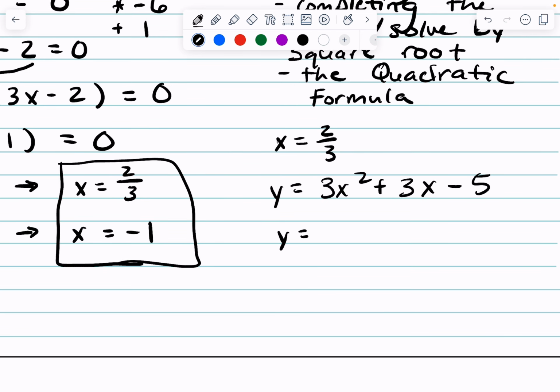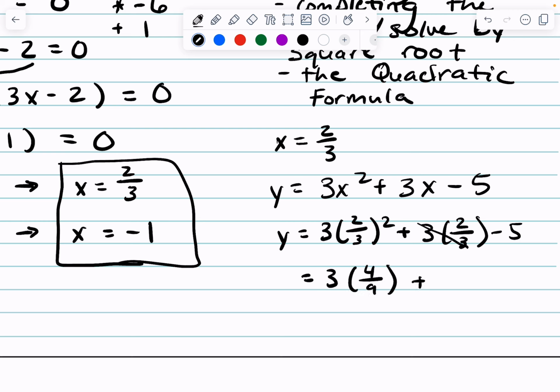If I plug in x equals 2/3, I get 3 times 2/3 squared plus 3 times 2/3 minus 5. I get 3 times 4/9.